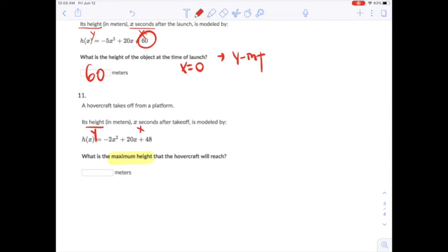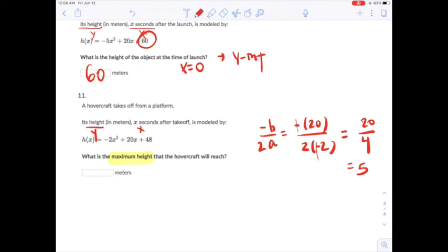This is standard form, so you need to do negative b over 2a. Then you get 20 over 4, and just cancel the negatives. Then you get 5. So when it is 5, you get the maximum.